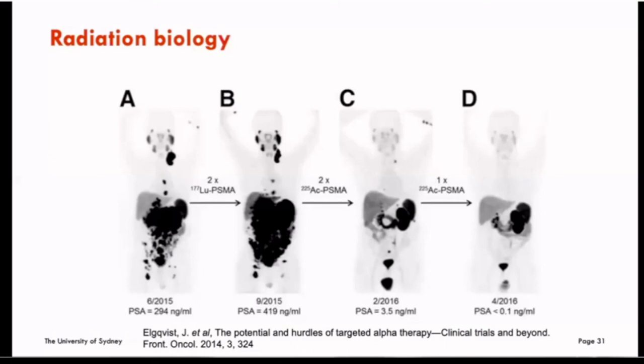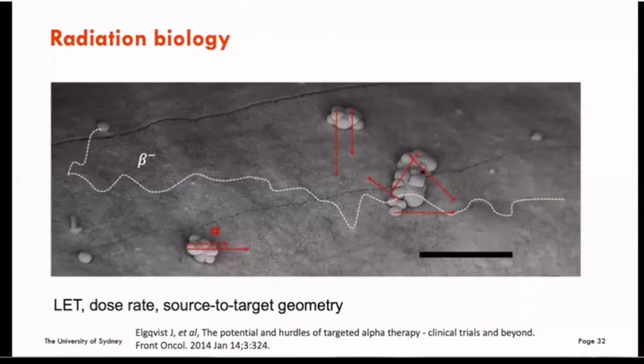And then in figures C and D, you can see an impressive decrease in tumor burden after 2 cycles of alpha-emitting actinium-225 PSMA with significant biological response with PSA level going down to less than 0.1 nanogram per milliliter.